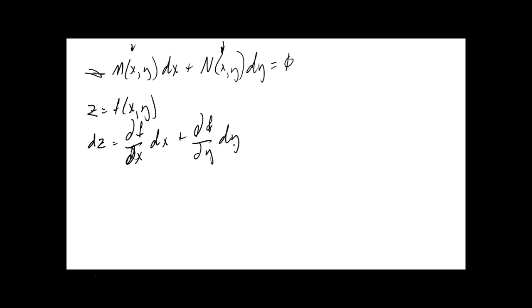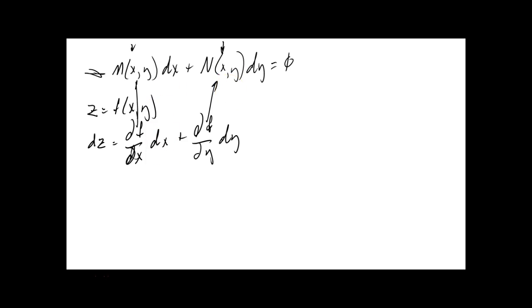That's what your dz is. That's just your standard differential form when you have partials in there. Well, look at this. That looks a lot like your M of x, and that looks a lot like your N of x, because they're preceding the dx and the dy.